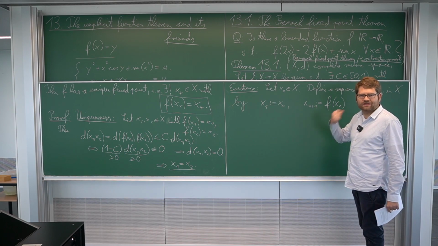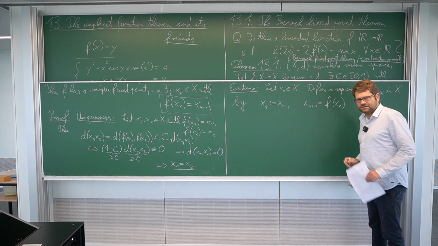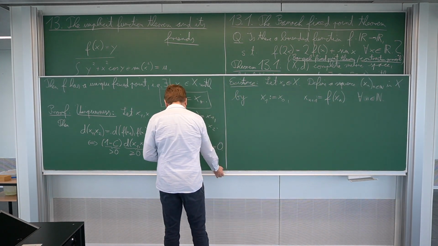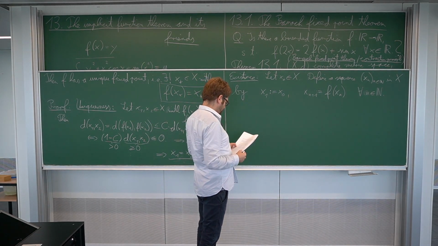So we just apply f many times. And this is the short way of defining this recursively. So we start with an arbitrary point and consider this by just applying f and f and f all over again.